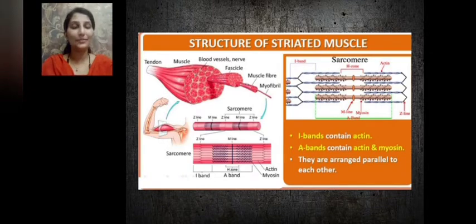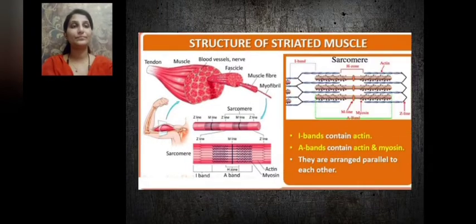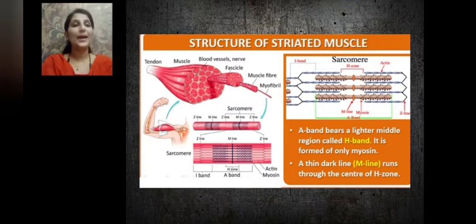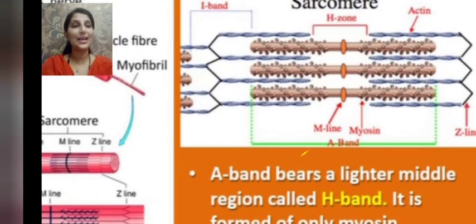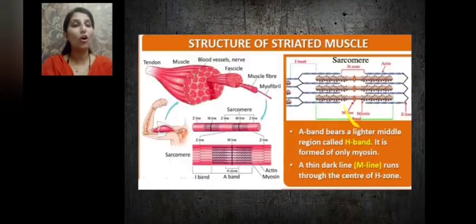These actin and myosin filaments are arranged parallel to each other. We can see they are arranged parallel to each other. The A band bears a lighter middle region which is called the H band. We can see the H band in between the A band. This is the A band, and in between we can see an H band or H zone. It is formed only of myosin.